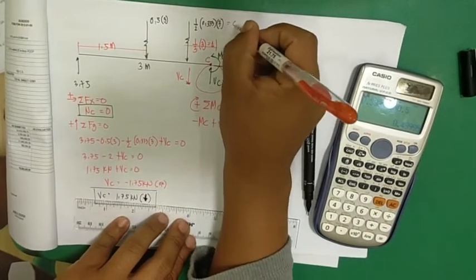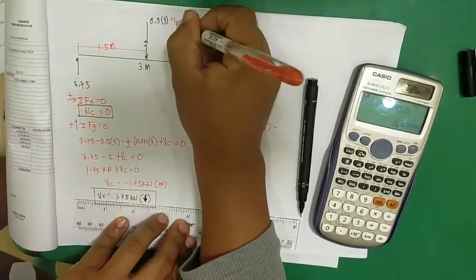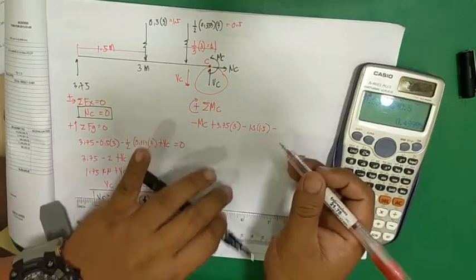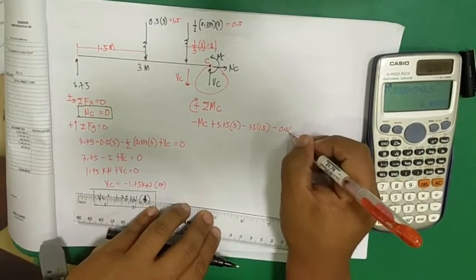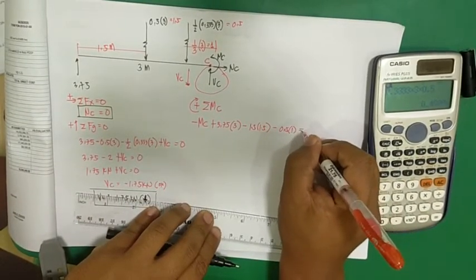This is 0.5. This is 1.5. Minus 0.5 times 1 is equal to 0.